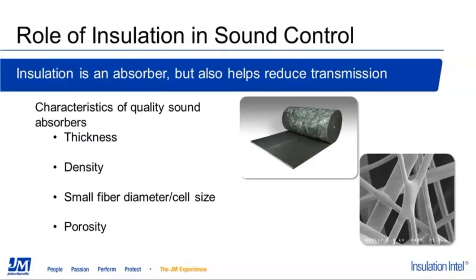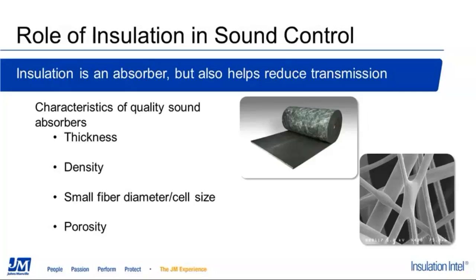When you're looking for an insulation to be a quality sound absorber, there are 4 primary characteristics to keep in mind. First and foremost, the thicker the insulation, the better the absorbing sound, of course. Second is density. While density does not impact sound absorption as significantly as thickness, it does have an impact on sound control to a degree.